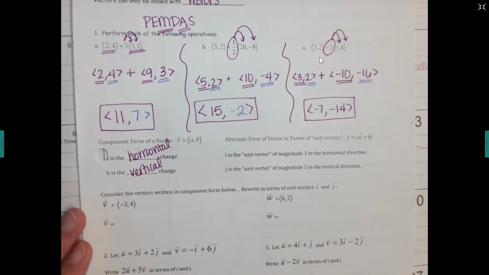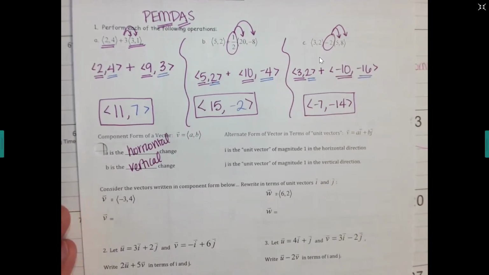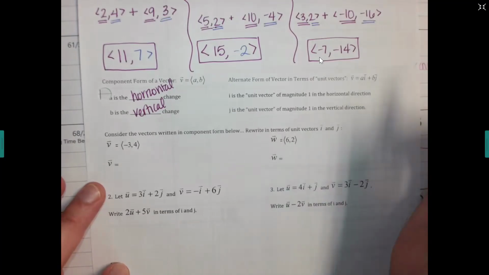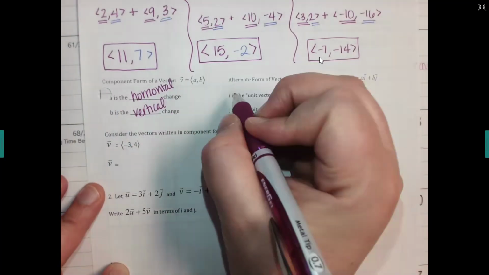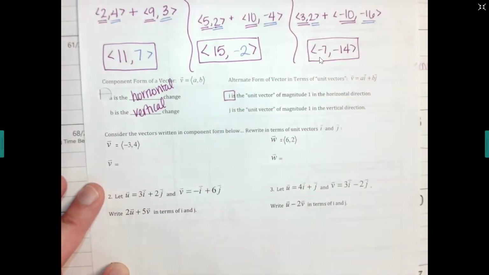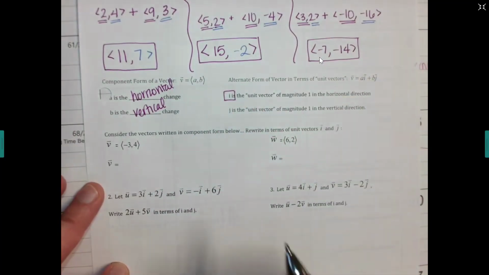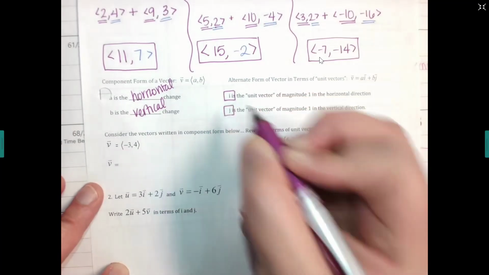There are two ways for you to write vectors. The first one you already know how to do: a comma b, in the pointy brackets. The second version is called unit vectors. It's very stupid, but it's also very easy. Whatever your horizontal change or your x is, you group it with a vector i, and whatever your vertical change is, you group it with a vector j.